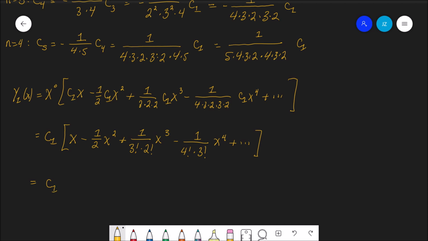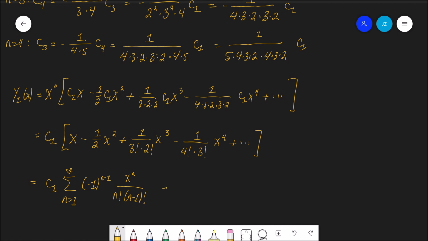And so this is C1 times the summation n equals 1 to infinity of negative 1 to the n minus 1 x to the n over n factorial times n minus 1 factorial.